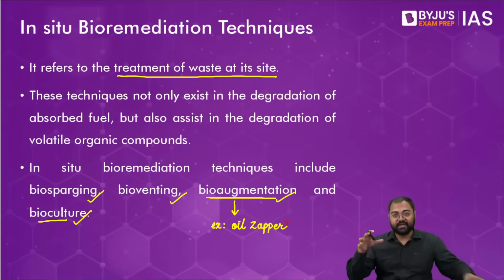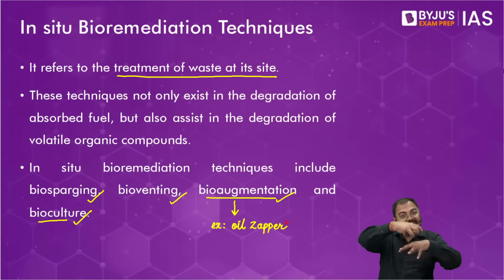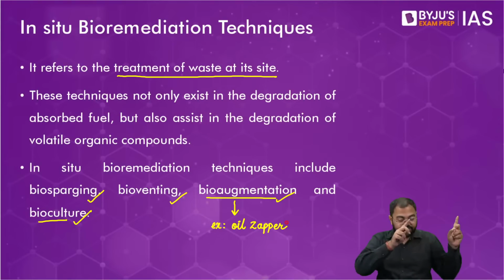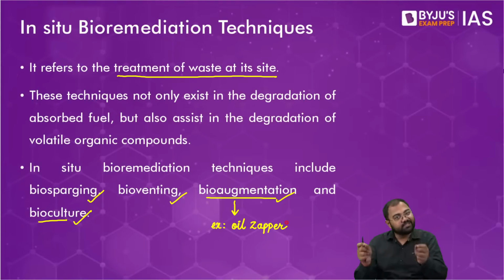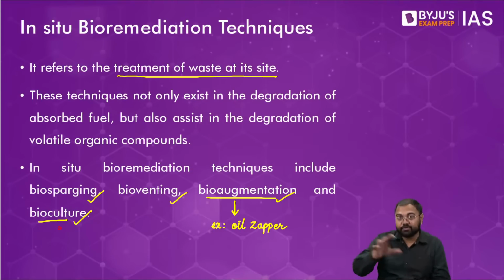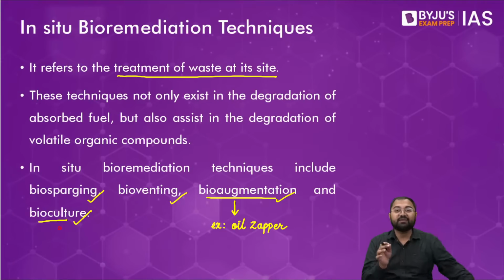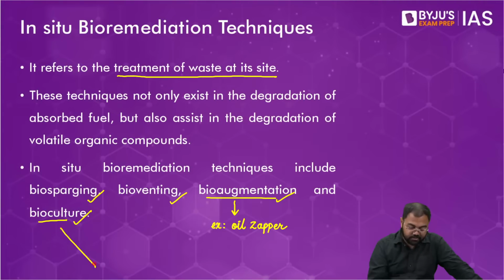So bioaugmentation is when you are taking the microorganisms to the site of contamination. In biosparging and bioventing, the microorganisms were already present, just that you wanted to enhance their activities. But in case of bioaugmentation and even bioculture, you are basically taking the microorganisms to the site of contamination, yet the contamination is being treated at the site of contamination itself.